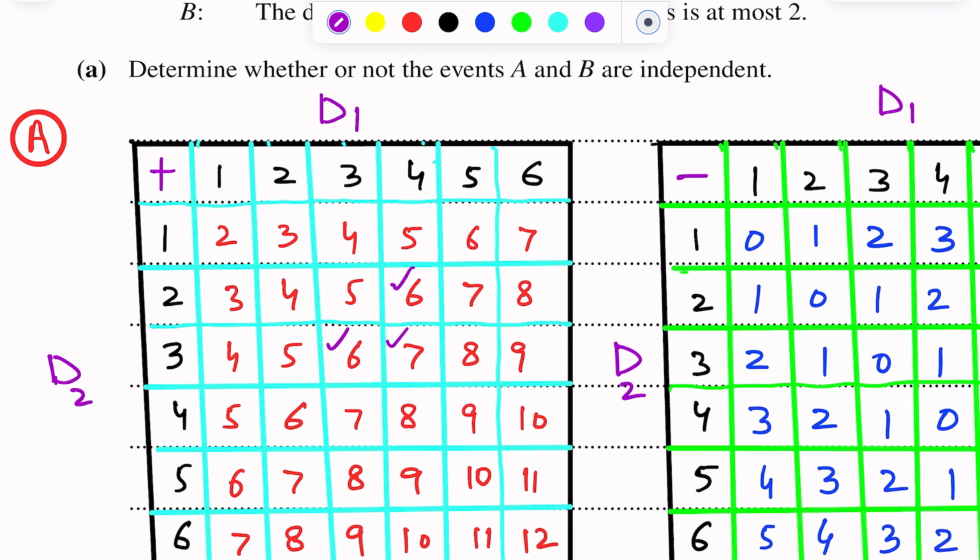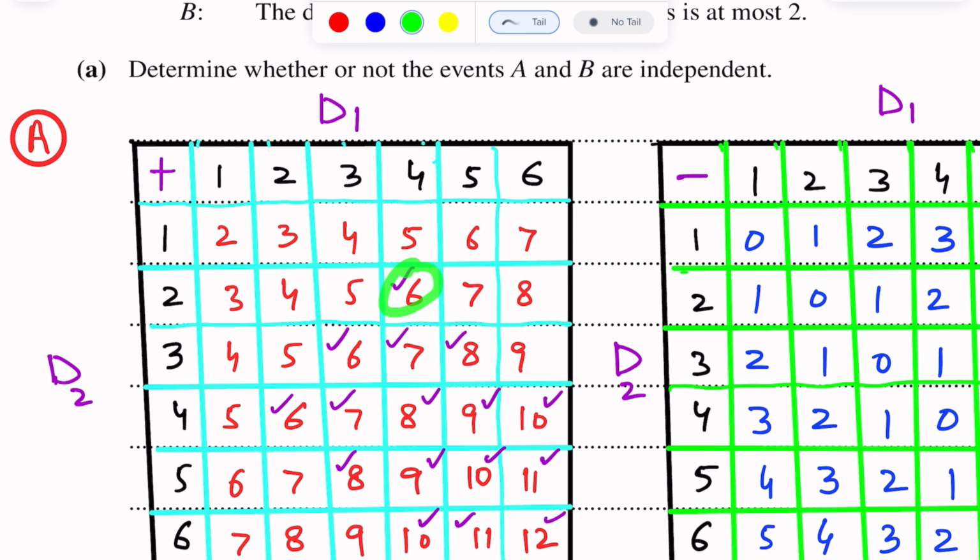We are also taking this number, 8, again 6, 7, 8, 9, 10. Next is 8, 9, 10, 11, 10, 11, 12.